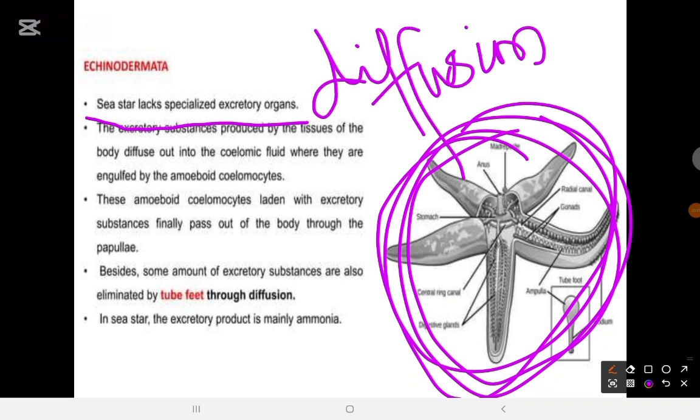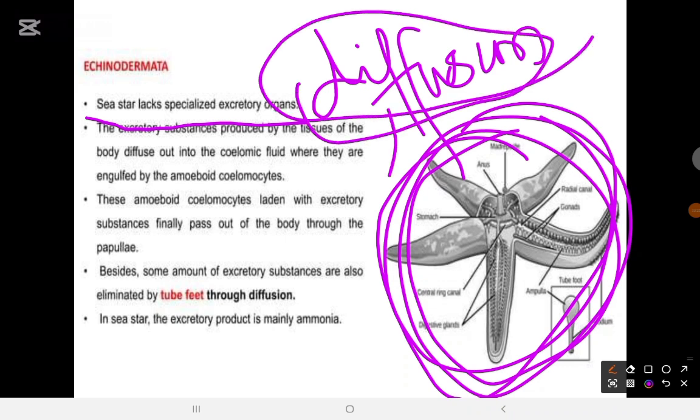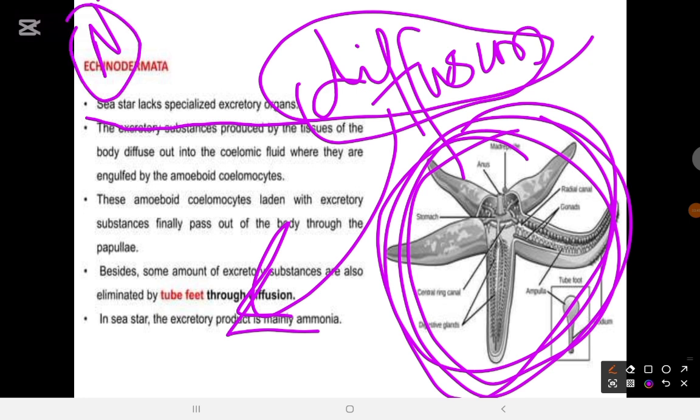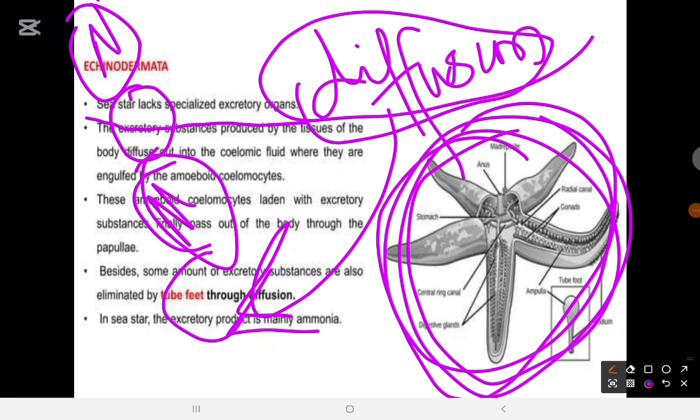So that is why sometimes it is argued whether these guys are more advanced than the arthropods. There was one such author I read that classified nematodes as less advanced than annelids, which are less advanced than mollusca, and molluscas are less advanced than echinoderms.